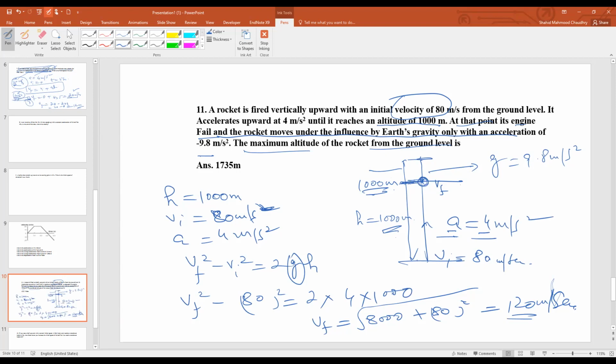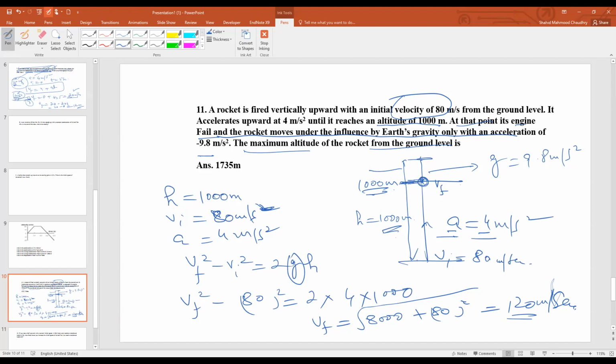Okay. So what will be the time? Can we find the time here? Yes, we found the velocity, so we can find the time. We can find the time, brother.